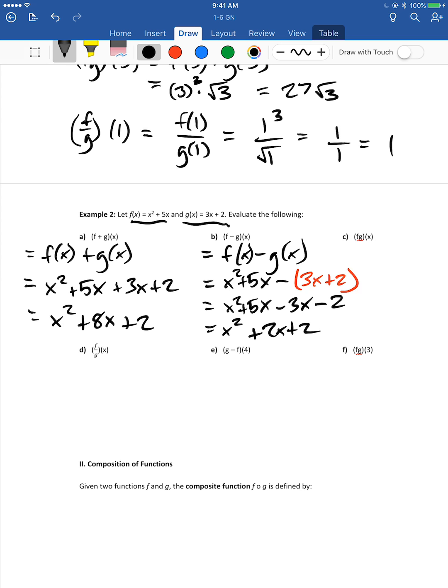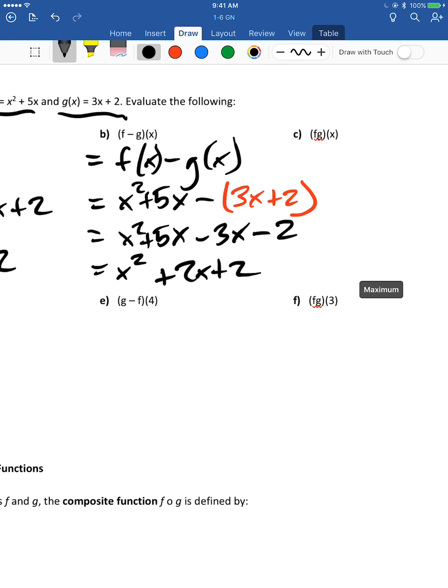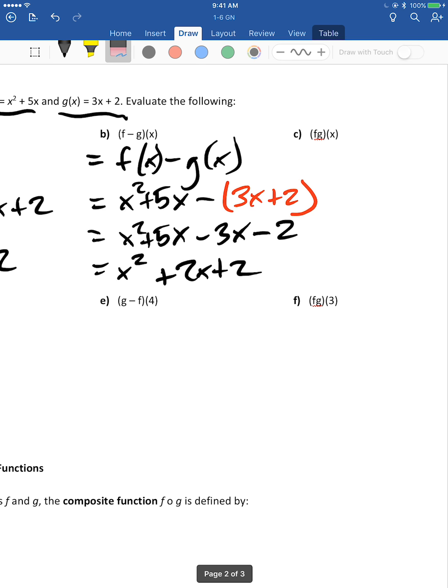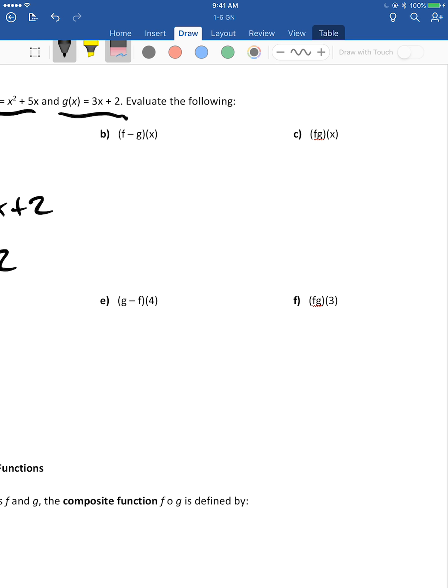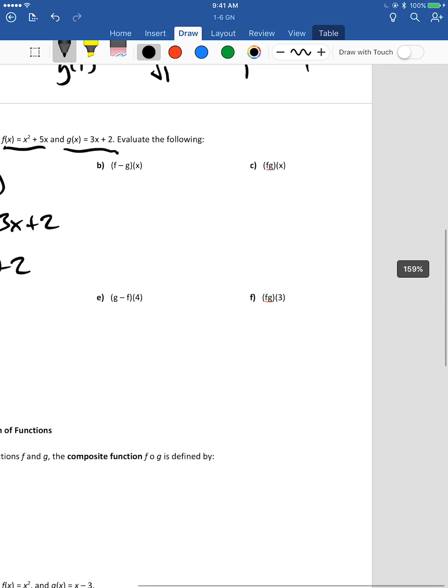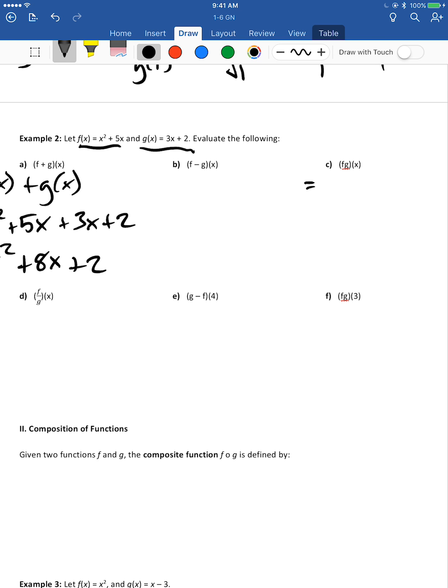f times g of x. This is going to be a little trickier. I need a little more room, so I'm going to erase what I have written over here. All right. So this is f of x times g of x, which is x squared plus 5x times 3x plus 2.